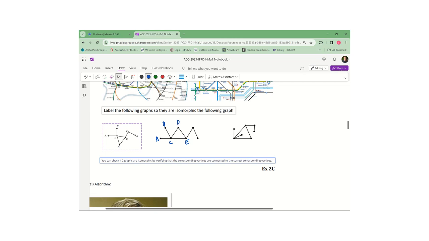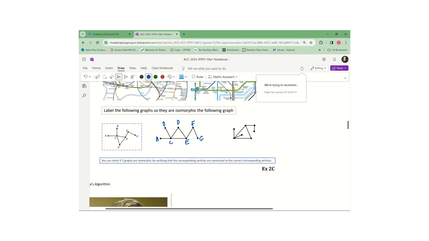That must mean D must be here, and that makes sense because there's an arc going from C to D and one going from D to E, and then from E we're going to F and G. So this graph here is isomorphic to the one in the purple box, it just looks a little bit different because things have been orientated a bit differently in space.